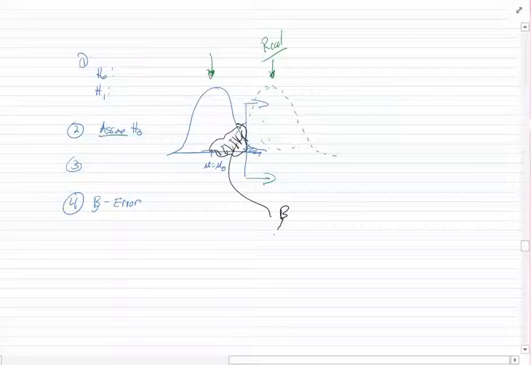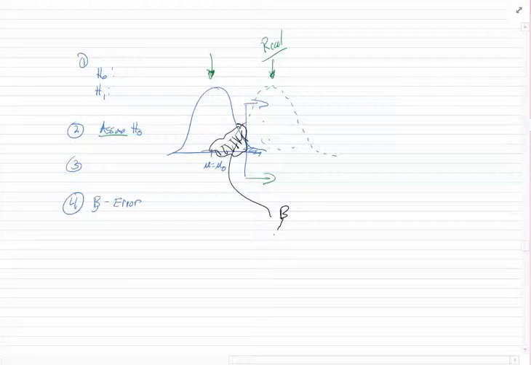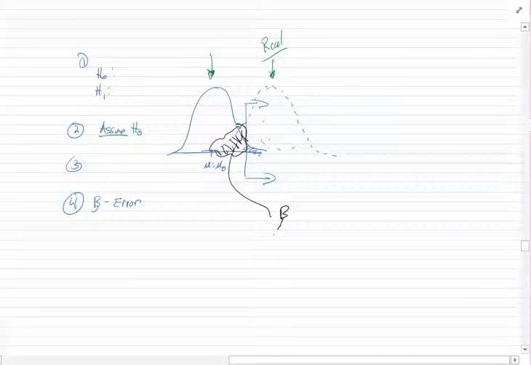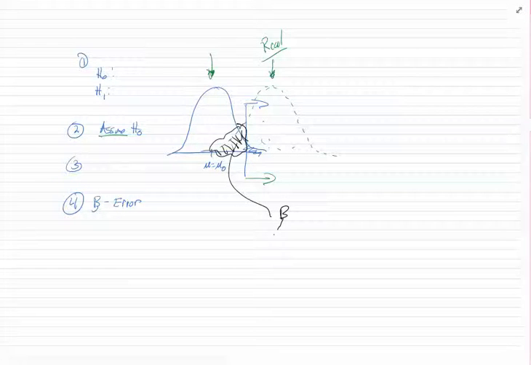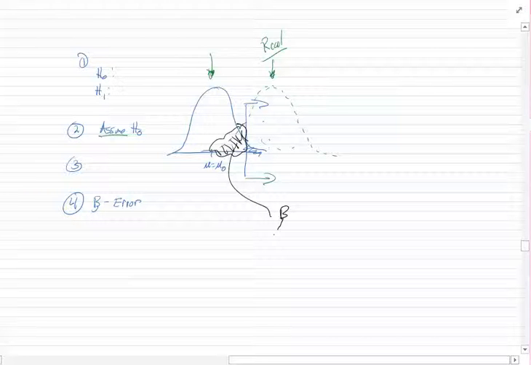One thing that beta is a function of is, if this dash distribution is really not even close to me, if it's way over here, then it's pretty easy for us to determine, right? Almost all our values are going to be in this rejection region. But if it's just slightly over, then a lot of our values are going to be in this beta region, right?